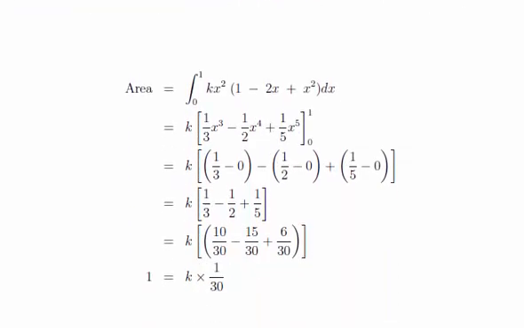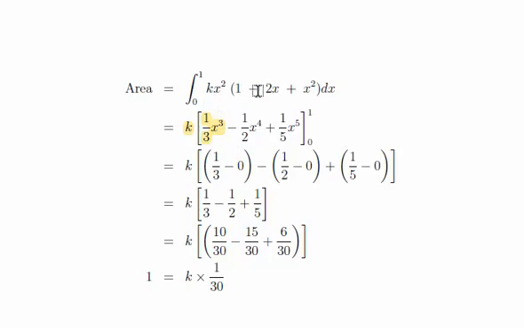So here we are. What we're going to do here is integrate it. I took one big step there very quickly. The area is the integral of kx squared times (1 minus 2x plus x squared). Really I should have taken out k and put it on the side to make life a little easier. When we integrate x squared, we have 1/3 x cubed.